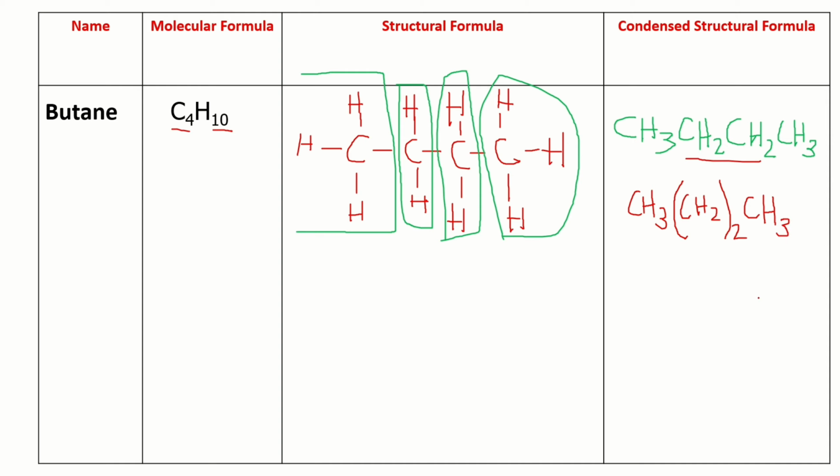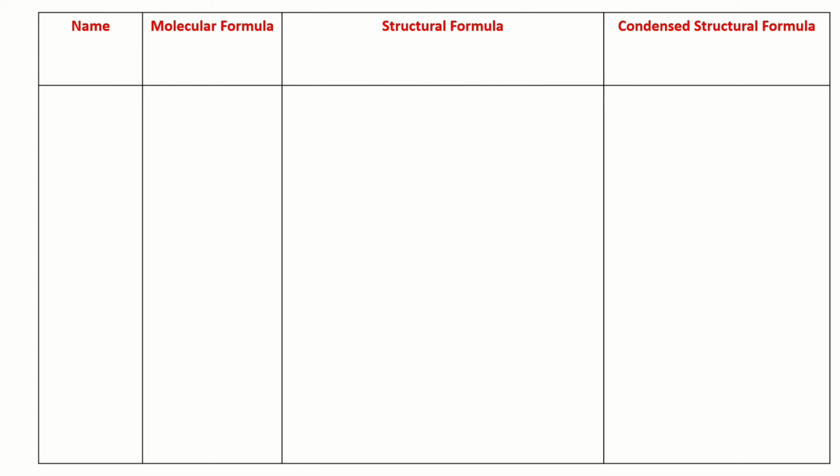Another example, pentane. We have 5 carbon atoms. 1, 2, 3, 4, and 5. Okay, then draw the single bonds. Make sure each carbon atom will have 4 single bonds.